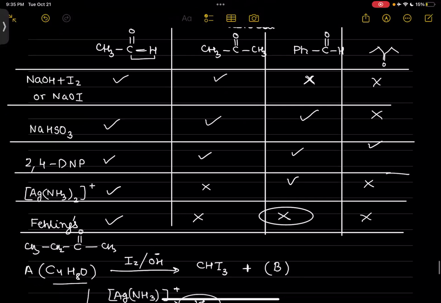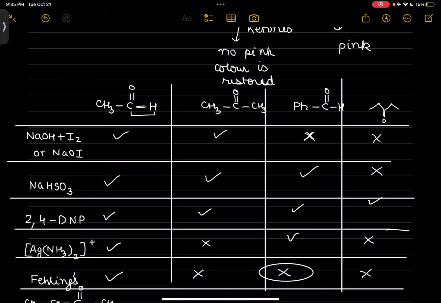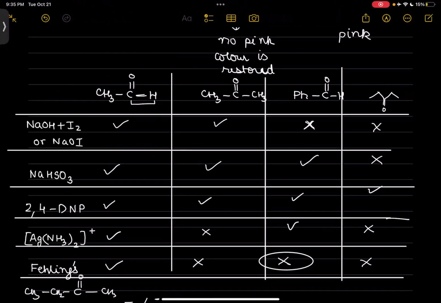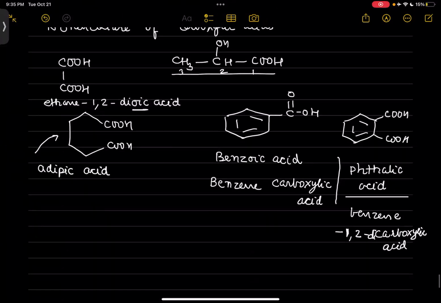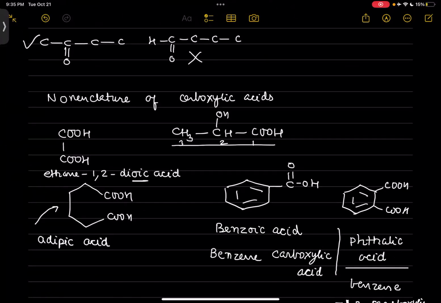This everybody should remember. This is the summary of the whole laboratory test identification method to detect aldehydes and ketones. There are various methods.